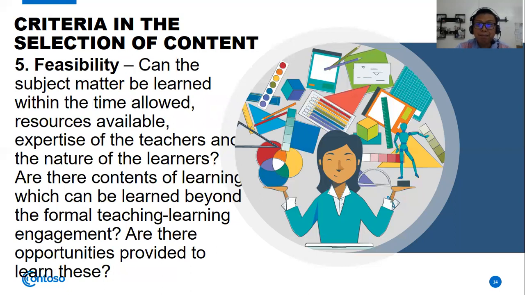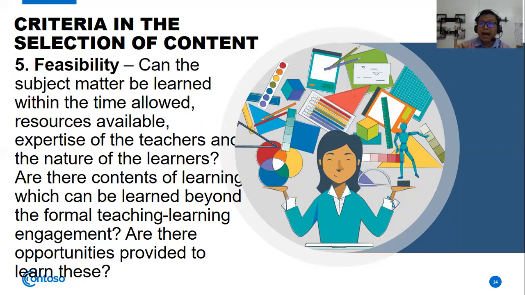Fifth, feasibility or possibility. Can the subject matter be learned within the time allowed, resources available, expertise of the teachers, and the nature of learners? Four components are being emphasized here. One, time element.